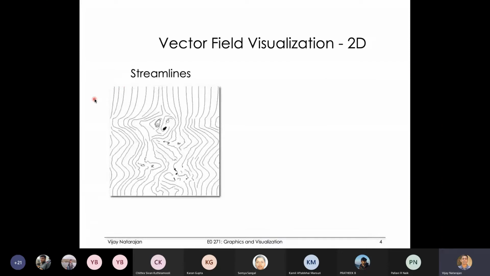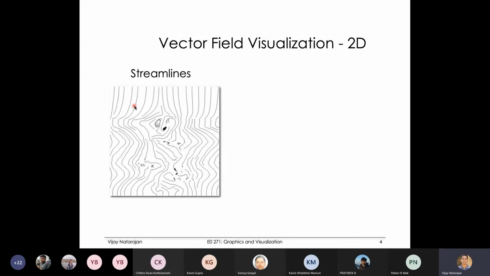Early on in the study of vector field visualization, streamlines have been proposed. A streamline is essentially capturing the essence of the vector field in the following way. A streamline is a collection of curves. Each curve is obtained by looking at the vector field at a particular point and integrating along that vector.